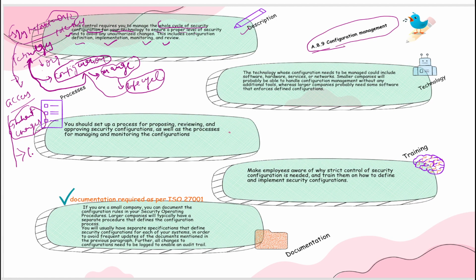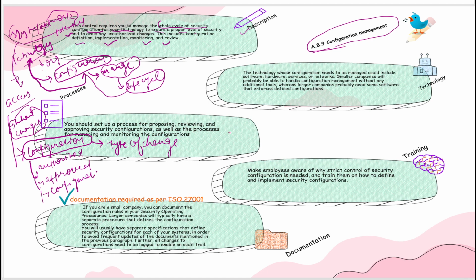When we say configuration changes, they are authorized and approved changes, based on the criticality, sensitivity, and type of change. So, are they authorized, approved, and what configuration are they using to make these changes?